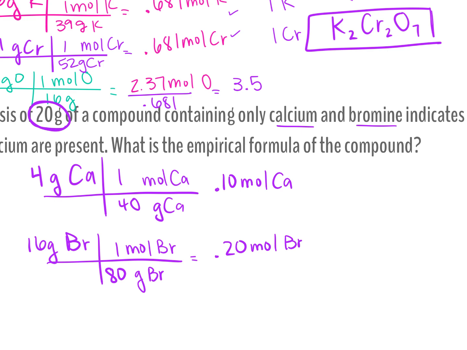So we've got our moles calculated here. I know I'm going to take it divided by the smallest, which means I'll need 1 calcium. And I would need 2 bromines, which becomes CaBr2.